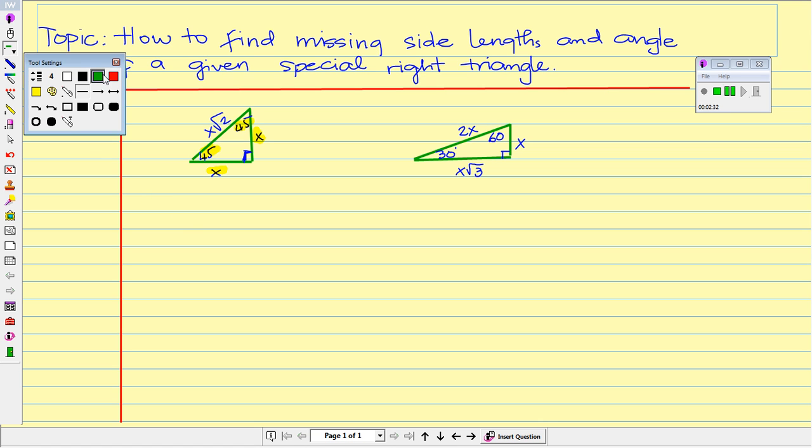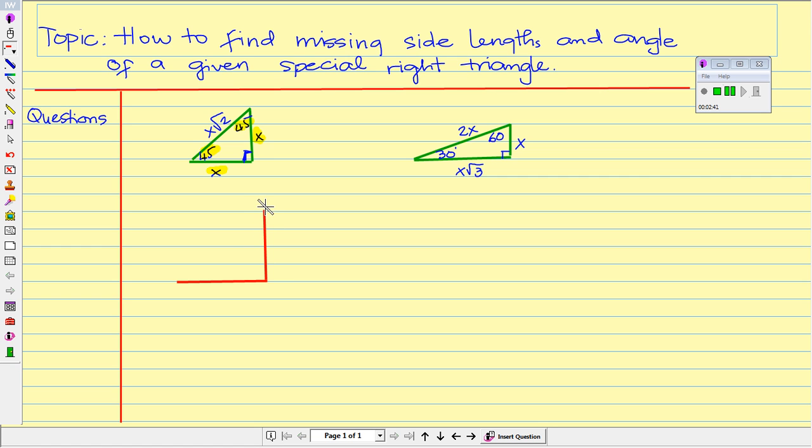Given this triangle, and again it is 45, 45, 90, and given that the length of one of the legs is 8, we want you to find the missing side lengths.